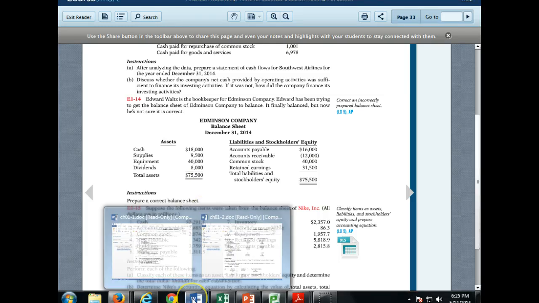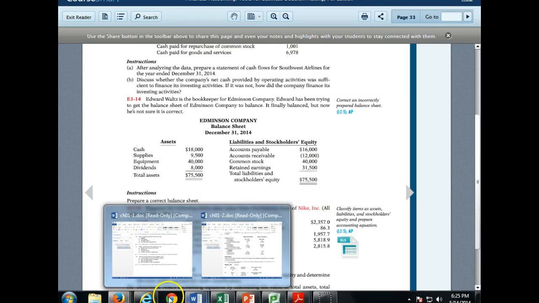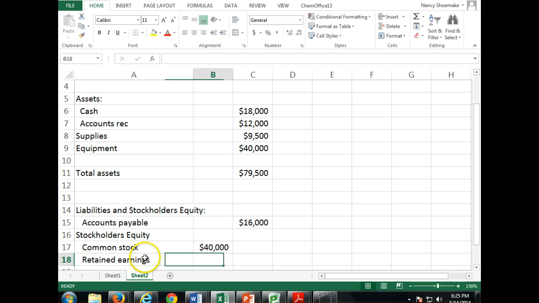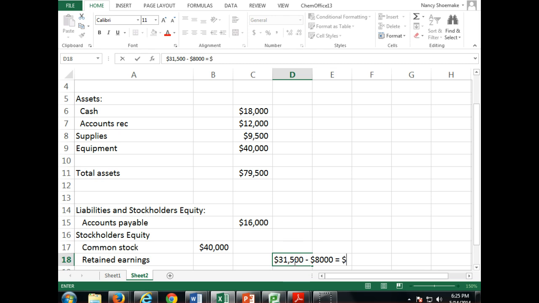Common stock of 40, retained earnings of $31,500, but we have to subtract our dividends of $8,000 from our retained earnings to come up with a new number of 23.5.